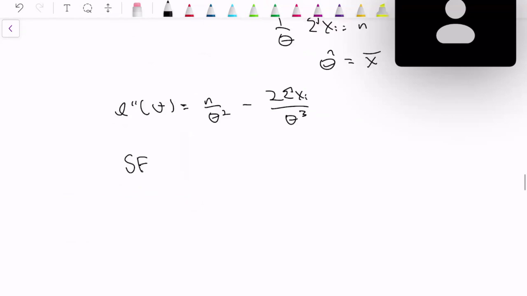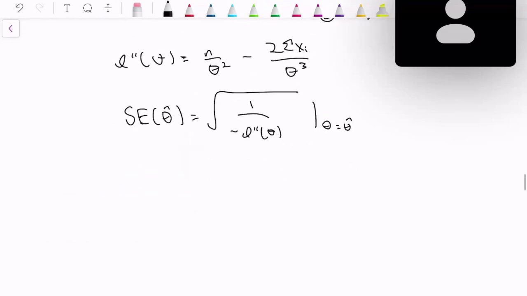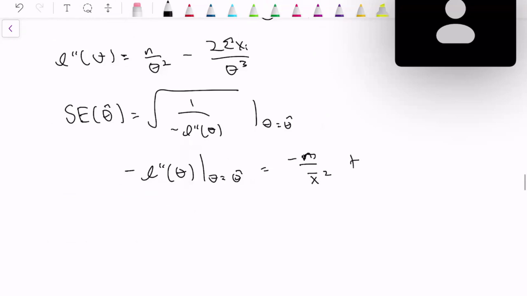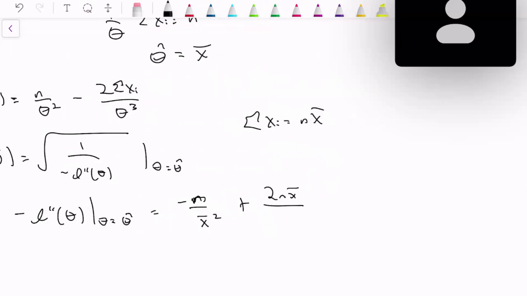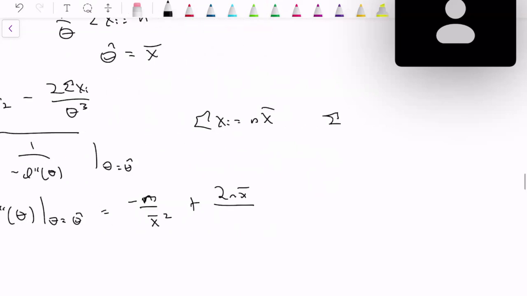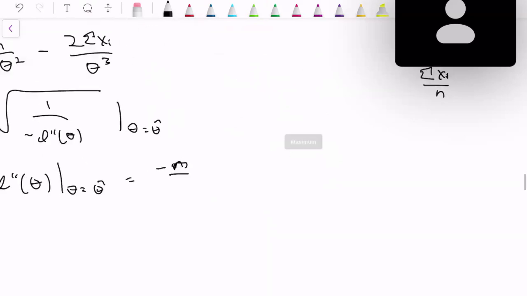So negative L double prime of theta hat, and the sum of x_i is just n x bar, over x bar cubed.